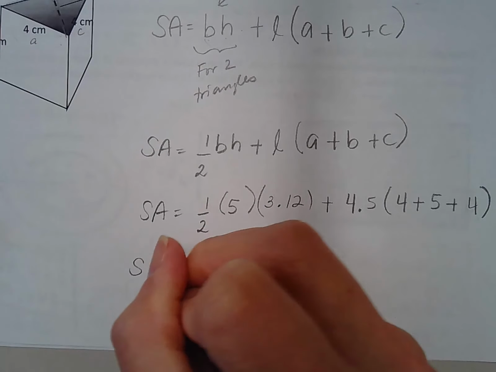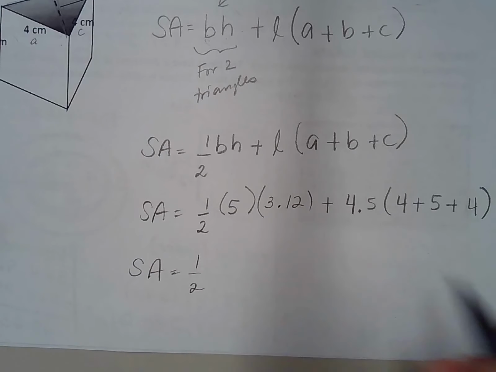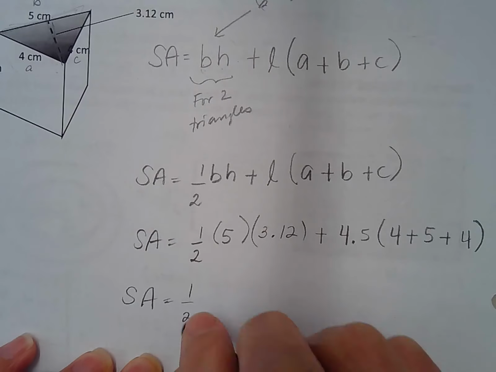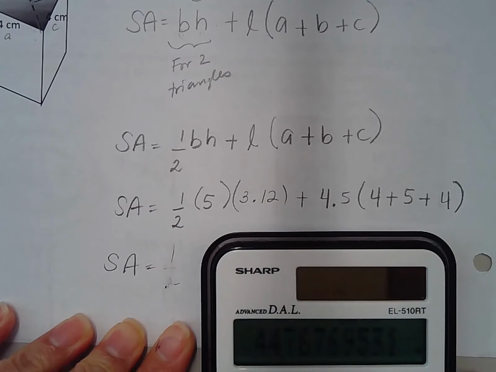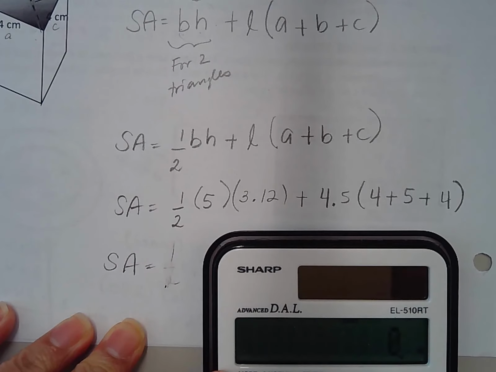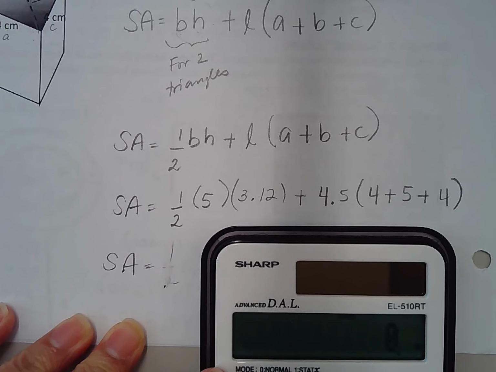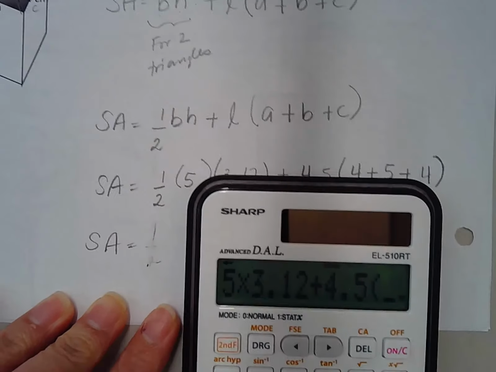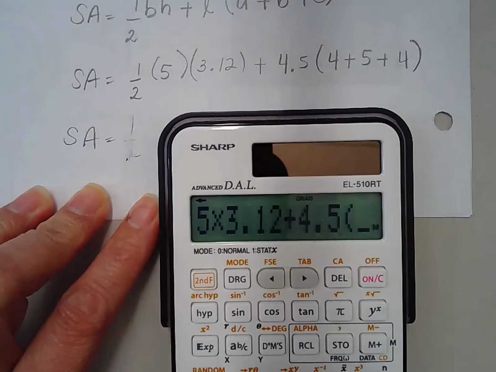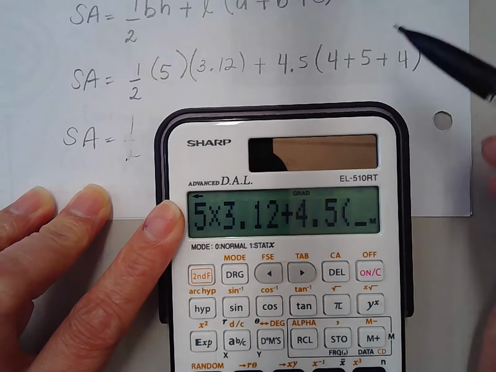So surface area is equal to 1/2 times that. I can do this all at once. If you want to do 1/2, you could, or you can type in 0.5. So 0.5 times 5 times 3.12. Now if I'm going to type this in, I need to have brackets.